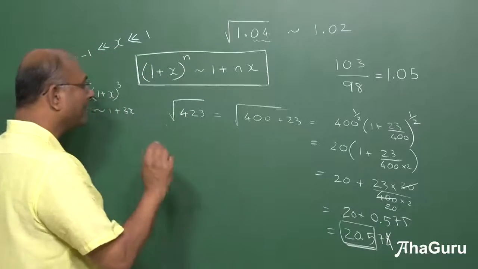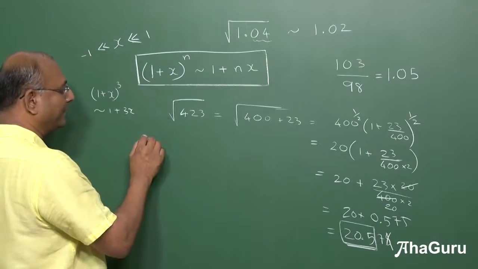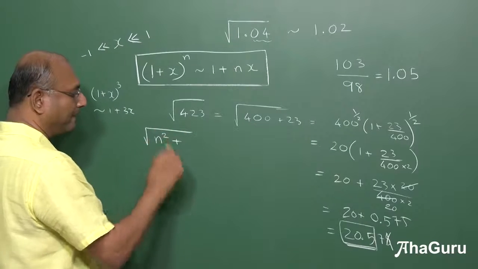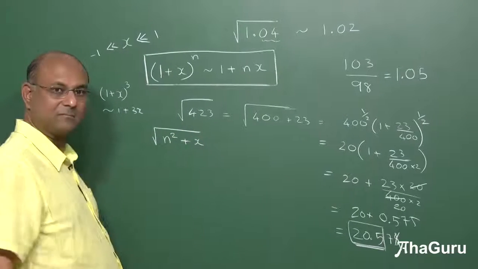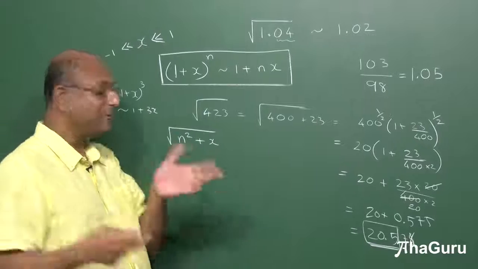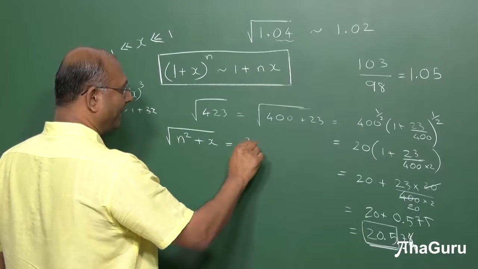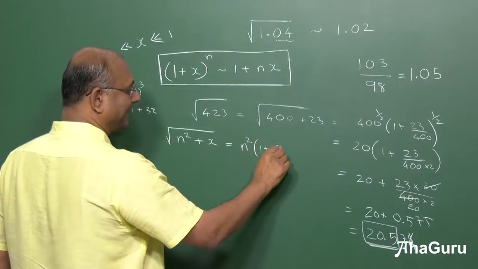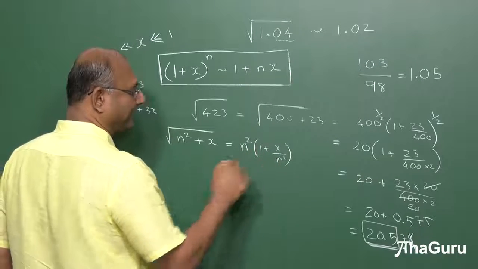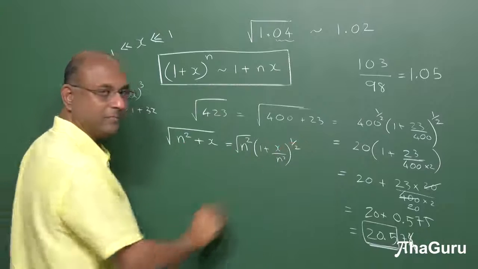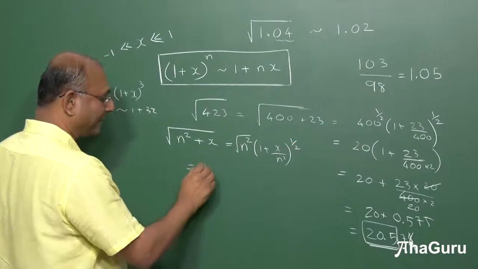Now a good formula generally is, suppose I had n square plus x. You want to take square roots, it's a nice formula you can derive from here and do whatever I just did. N square into 1 plus x by n square, root. What is root of n square?